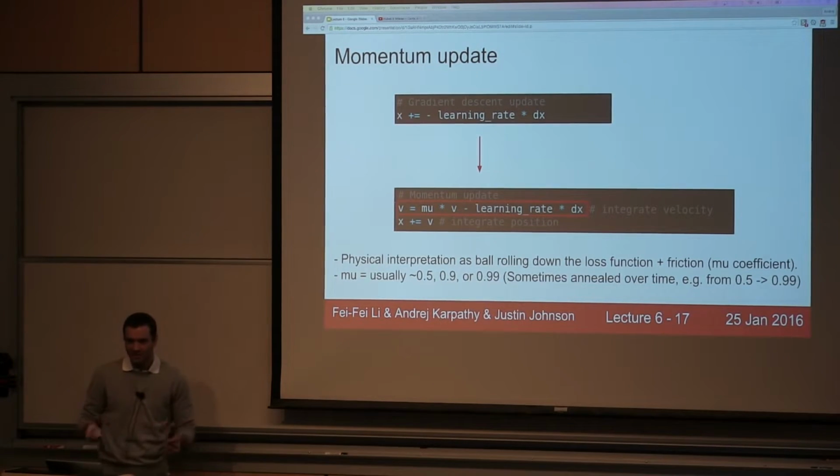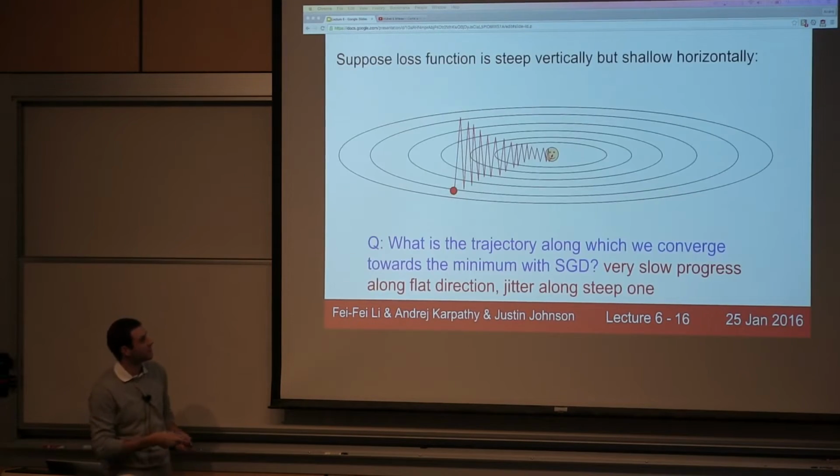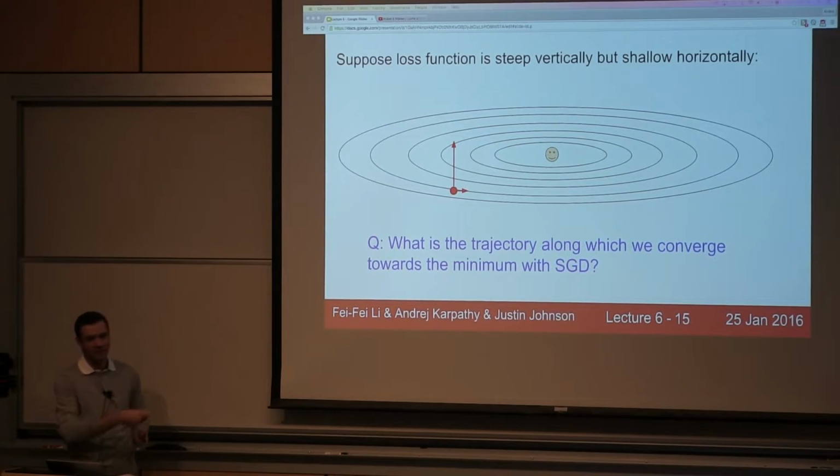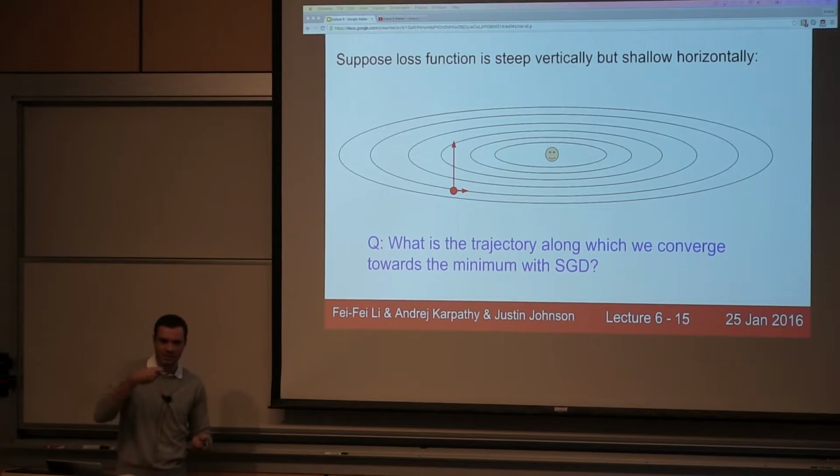What's nice about the momentum update is that you can interpret it in very physical terms. Using momentum update corresponds to interpreting this as really a ball rolling around this landscape. And the gradient in this case is the force that the particle is feeling. So this particle is feeling some force due to a gradient, but instead of directly integrating the position with this force, F equals ma in physics, so force is equivalent to acceleration there.